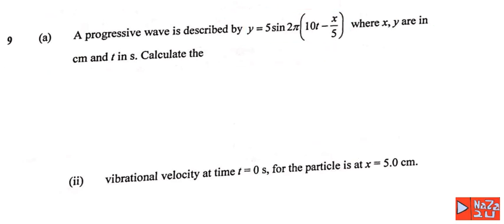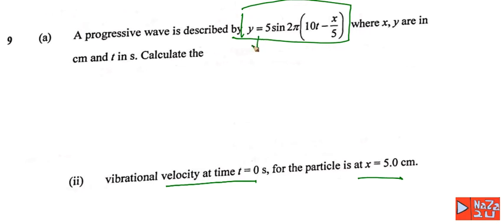The next question is, what is the vibrational velocity when time t is equal to 0 and the particle is at x equal to 5 cm? This is the equation for the displacement y. To calculate the velocity, you differentiate dy/dt.